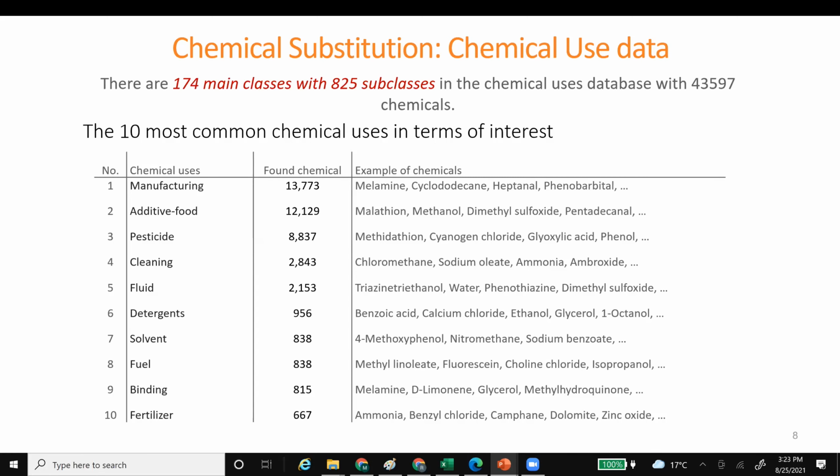Next is how many chemicals have been reported in that, and then you see some examples. There are 174 different types of uses, and within those classes, 825 subclasses. So it covers a wide range of chemical use, but remember that compared to the GHS score data, which had nearly 900,000 chemicals, there are only 43,000 here.